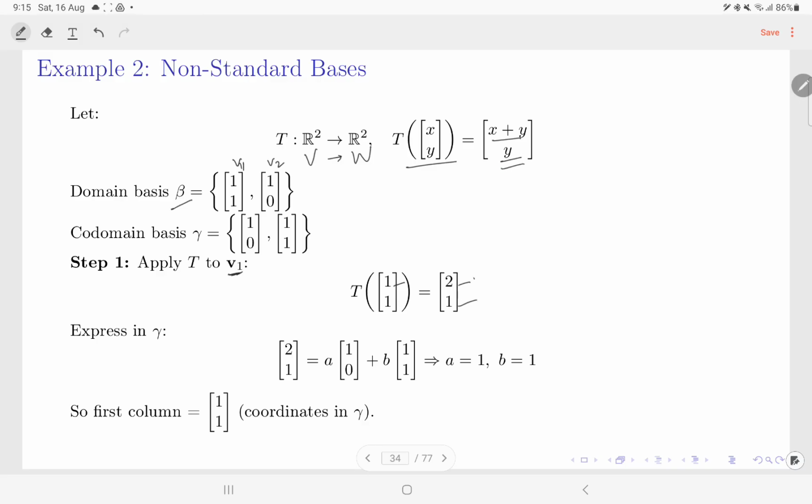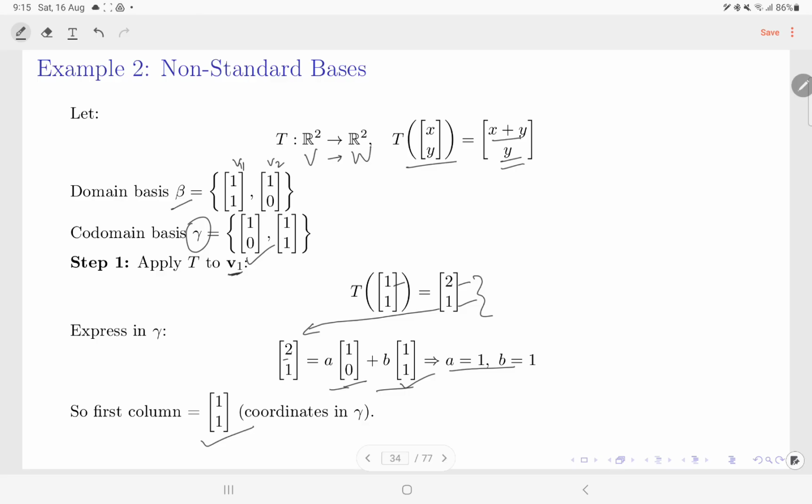Now you have to write this in terms of the given basis gamma for the second vector space W. Now to write this, you know this step from the previous example. Alpha times (1, 0), the first vector from gamma, plus beta times the second vector (1, 1). Okay, when you solve this you will get alpha equal to 1 and beta equal to 1.